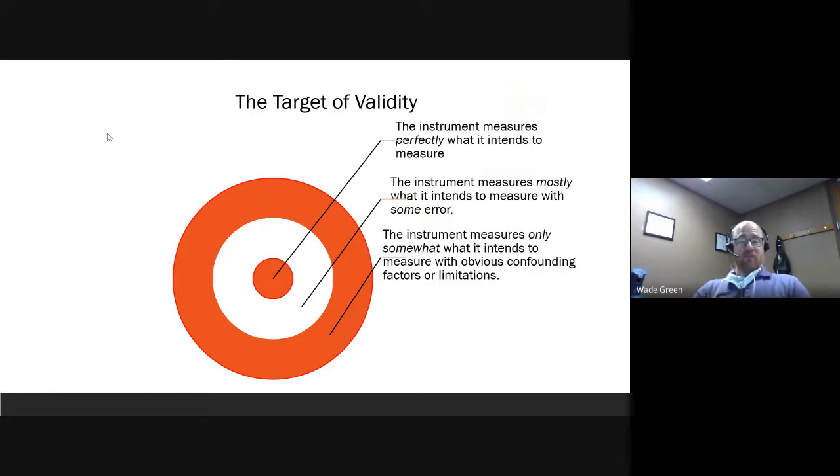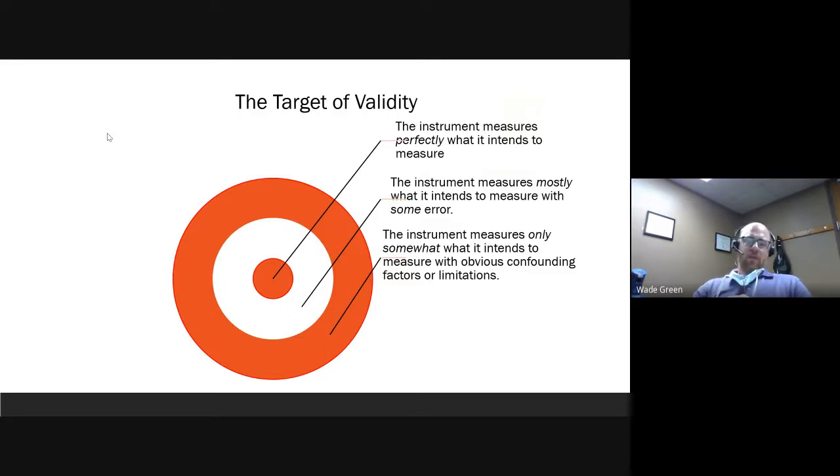So the instrument would be perfectly valid if it measured what it intended to measure without any error, right? But obviously, we live in a very imperfect world, and as we talked about last time, there is the struggle between internal and external validity. Oftentimes, the higher internal validity that a study has, the lower external validity that a study will have. So those things often work against each other in the real world.